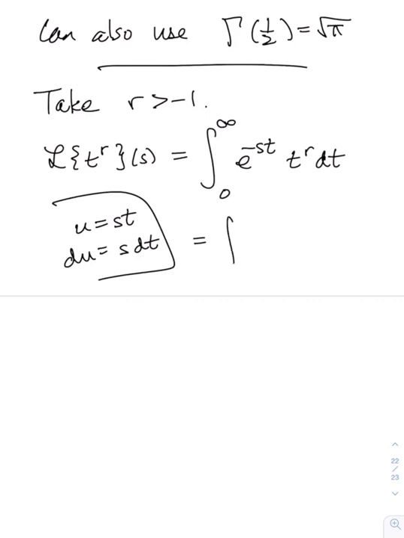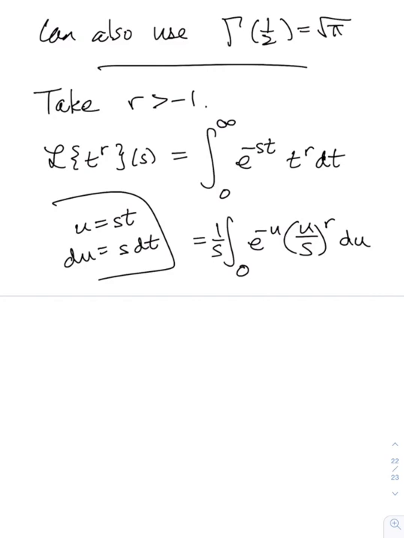My integral now becomes the integral of e to the negative u, and then t is equal to u over s, so I have u over s to the r. dt is 1 over s, and I can put that outside the integral, 1 over s du. I change my limits of integration, so t equals 0 becomes u equals s times 0, which is still 0.